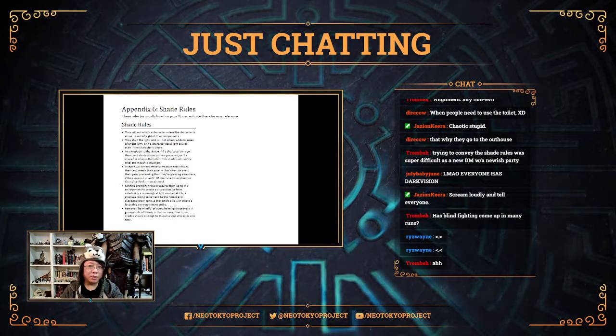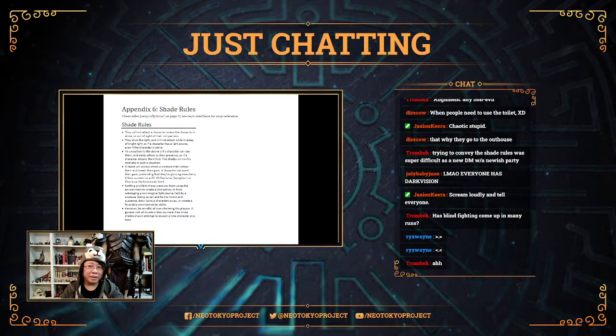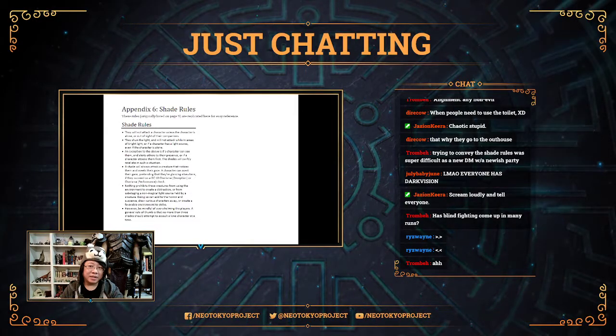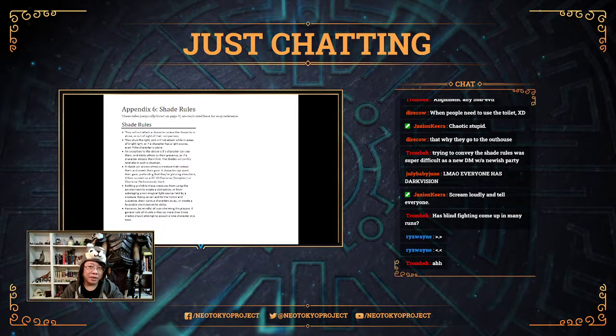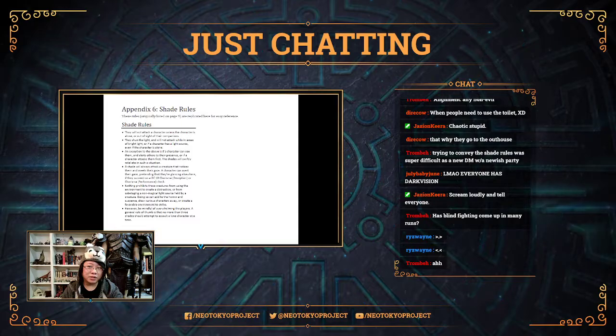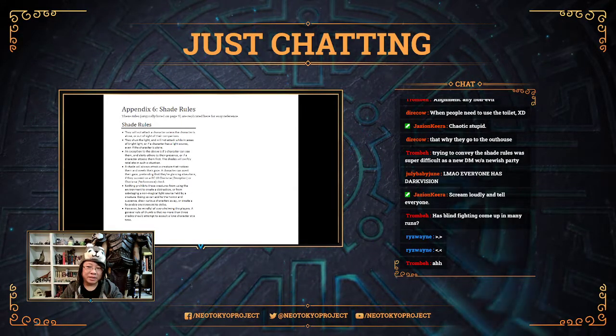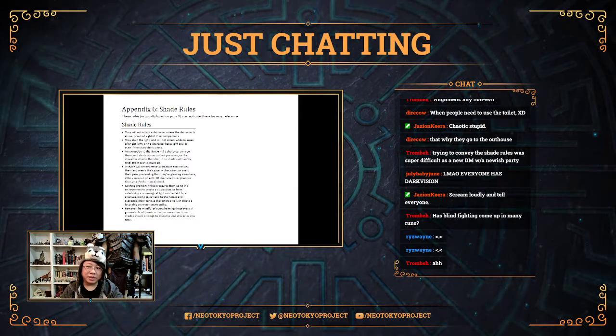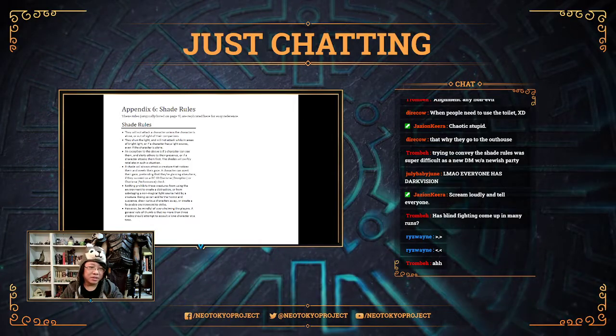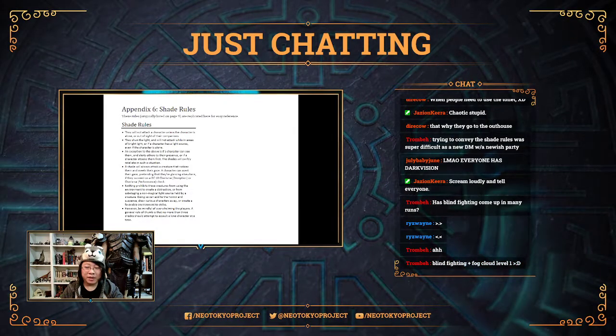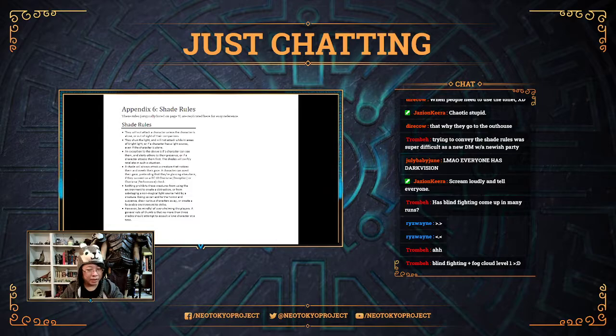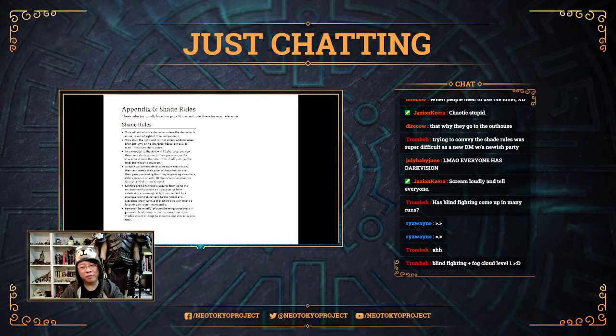But blind fighting will totally be useful here. Admittedly, if they decided that, hey, there's a supernatural presence around me, and they start yelling out about it and swinging their weapons left and right, they're probably going to attract the attention of more than one of those creatures. Yeah, blind fighting plus fog cloud is not a bad choice. Mechanically, a very decent choice.